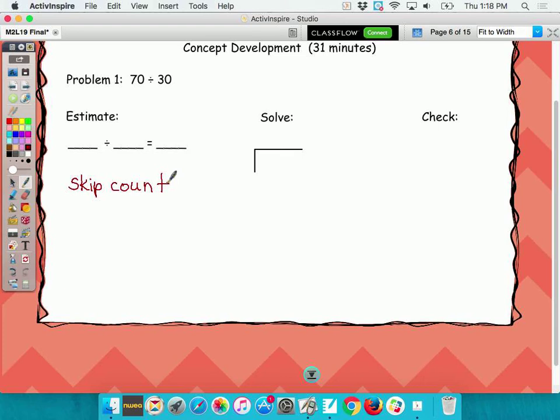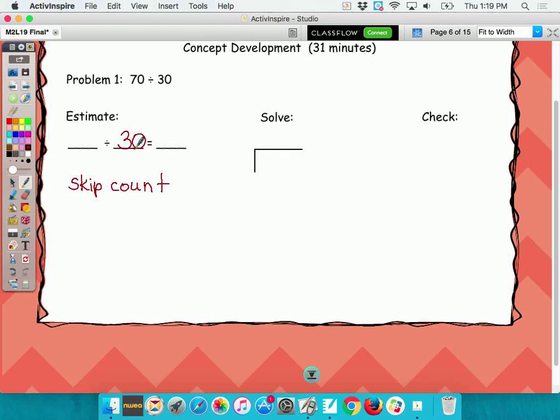Let's go back to our estimation strategy. We did that in lessons 16, 17, and 18. We did it on the front of today's paper, didn't we? We round the divisor to the nearest 10. It's already done. And then we choose a number close to the dividend. 60.